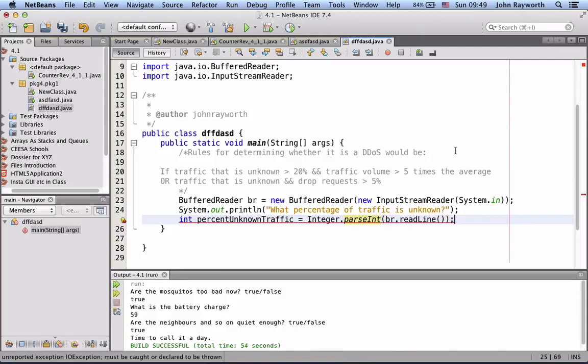We get that one in, once we've got our little throw clause.